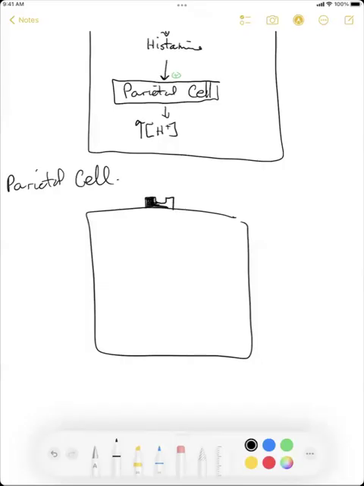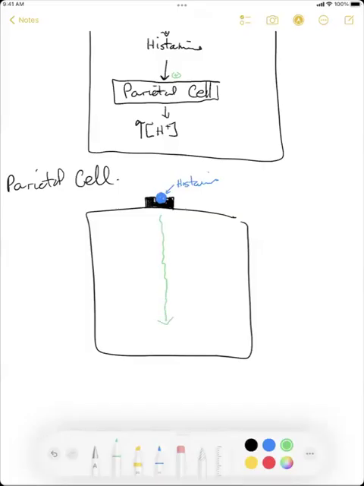When that histamine binds to this receptor, it's going to stimulate the cell to produce hydrochloric acid. So from the enterochromaffin-like cell, this is histamine, and it's going to stimulate your parietal cell to produce acid.